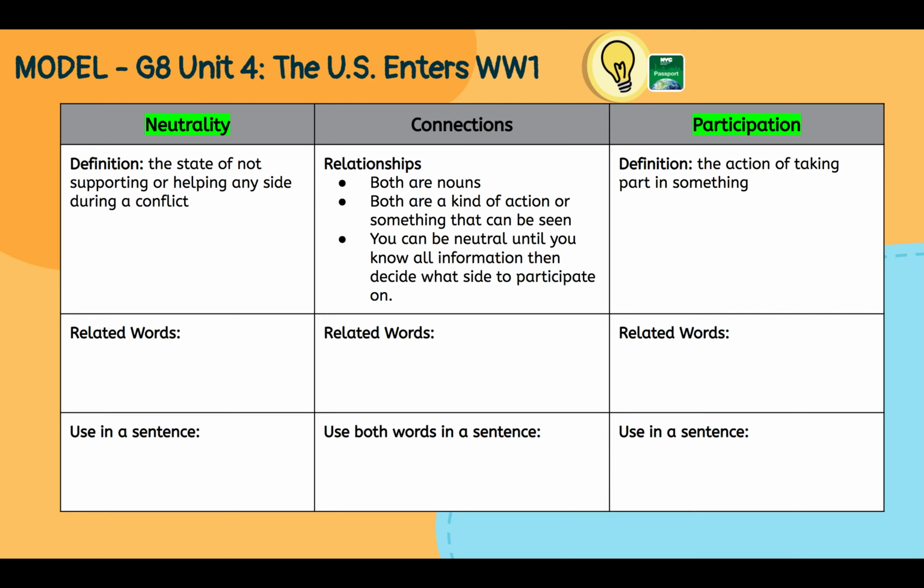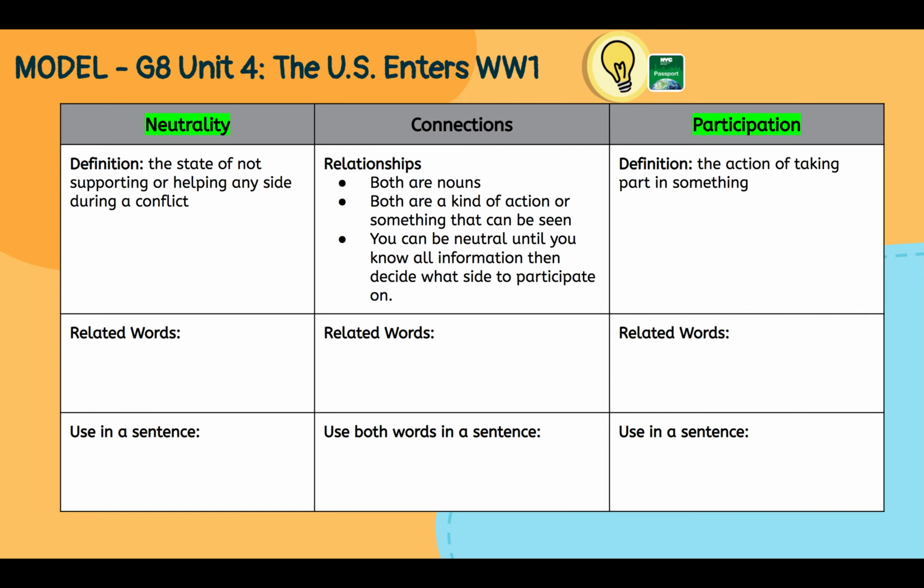So here, we're going to see how this strategy works live by using Unit 4, the U.S. Enters World War I, and 2 key terms during that unit, neutrality and participation. The definition of neutrality means the state of not supporting or helping any side during a conflict.